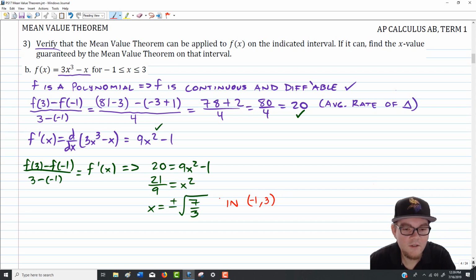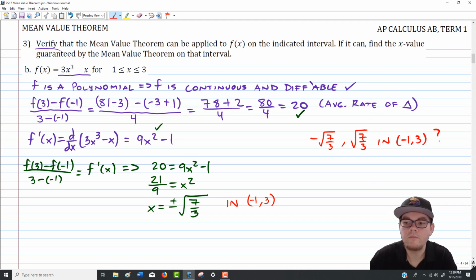So our question to ask ourselves is, which of these two values actually falls in -1 to 3? To answer that question, here's what I did. And again, this is my clever way. Of course, you could reach for a calculator on a non-calculator question. You might call that cheating, but I get it. But in this case, here's my thought. First, 7 over 3 is equivalent to 2 1/3, right?